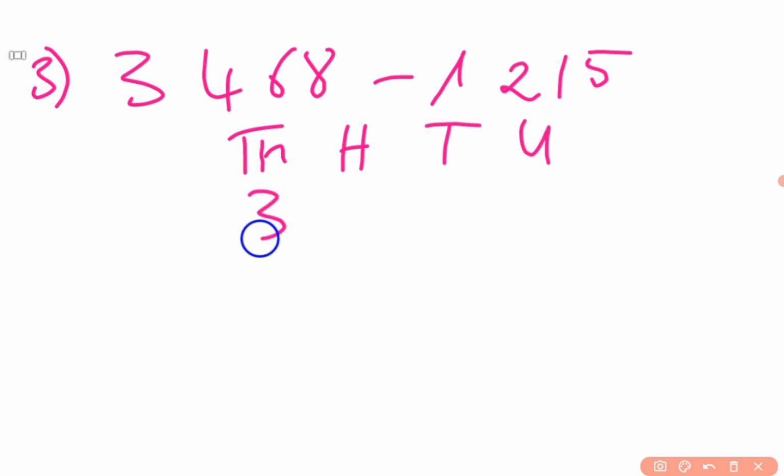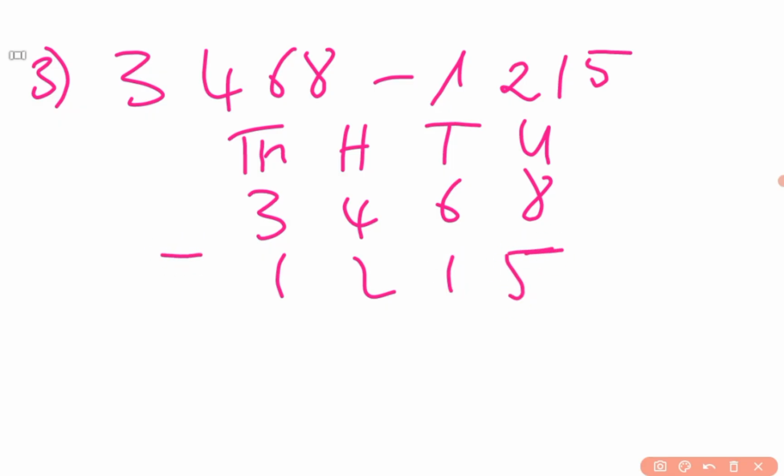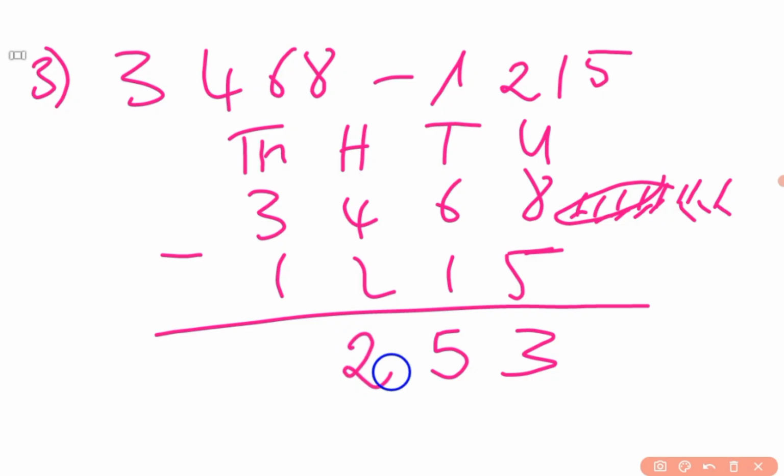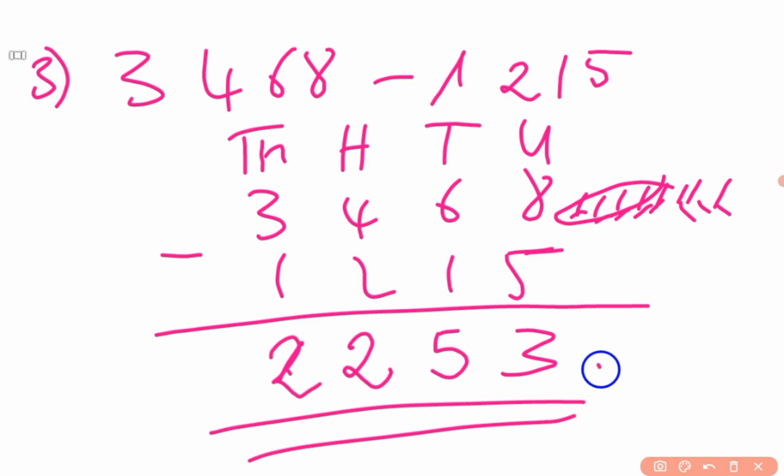So you have 3, 4, 6, 8, and then you have 1, 2, 1, 5. We're subtracting. So 8 take away 5. If you do that, you remove 1, 2, 3, 4, 5. It's remaining 3. Your answer is 3. 6 take away 1 is 5. 4 take away 2 is 2. And 3 take away 1 is 2. This is your answer.